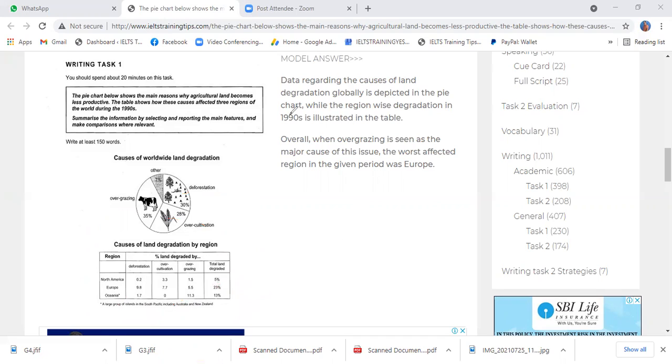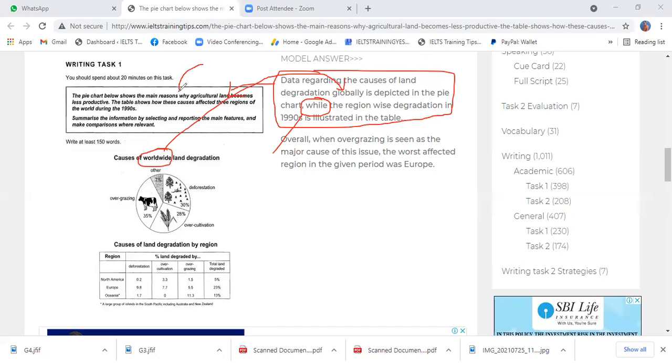Now let's go ahead with the introduction. This is the introduction here. And this is the question, how both these things are combined. It is combined, we're using while. Data regarding the causes of land degradation globally. So worldwide, globally, it is adopted here.